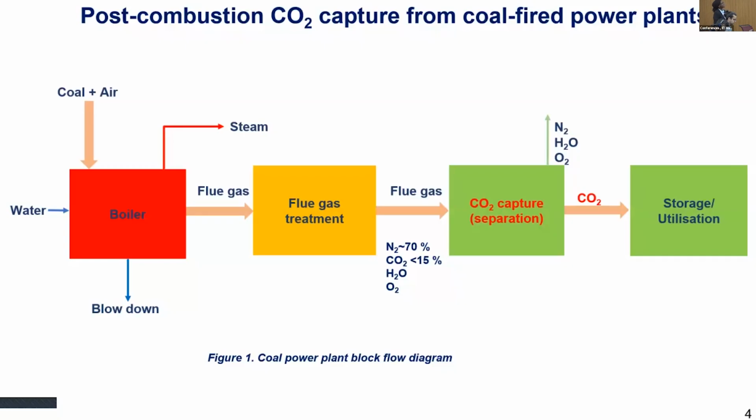The flue gas that exits the boiler is further treated, and then at the CO2 separation point, where CO2 capture occurs, the CO2 is separated from the flue gas, of which the other components are mainly nitrogen, because of the air that has been fed to the system. So you have a high percentage of nitrogen and a low percentage of CO2.